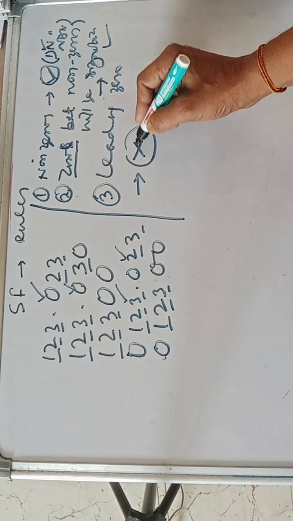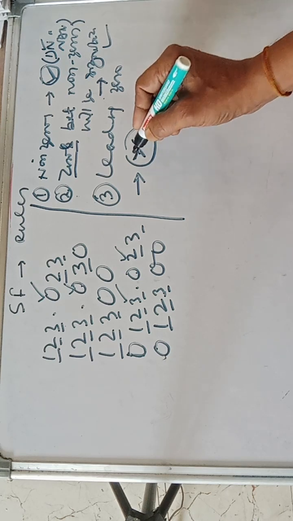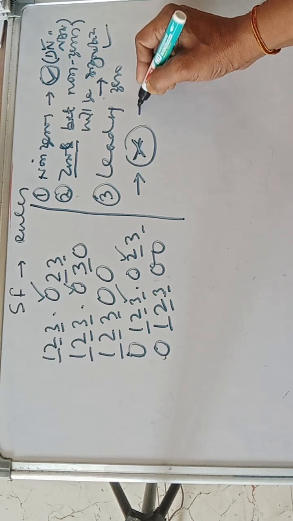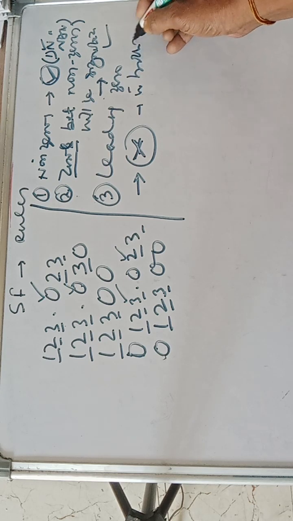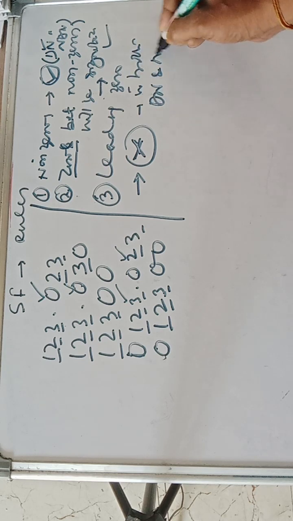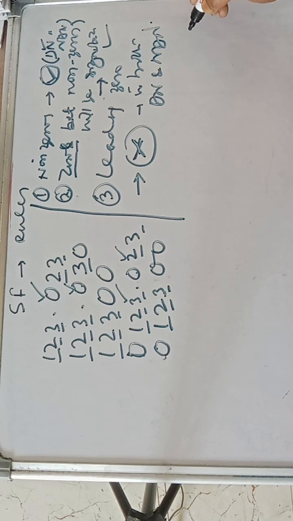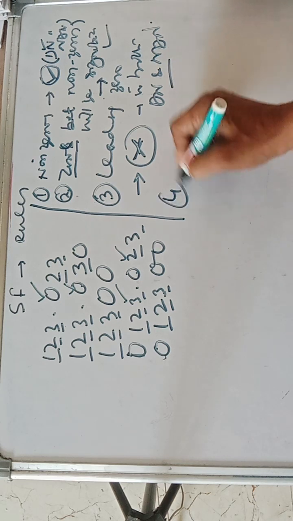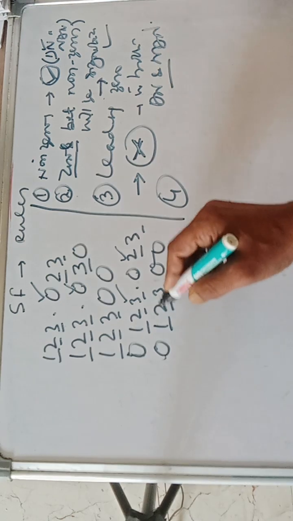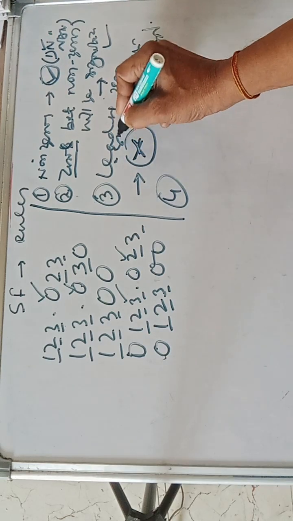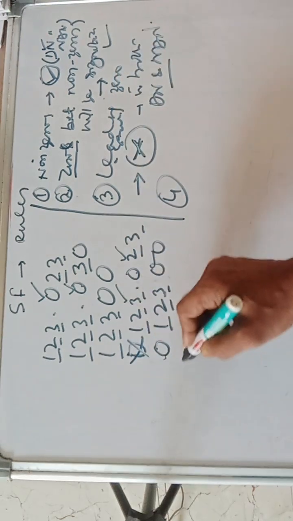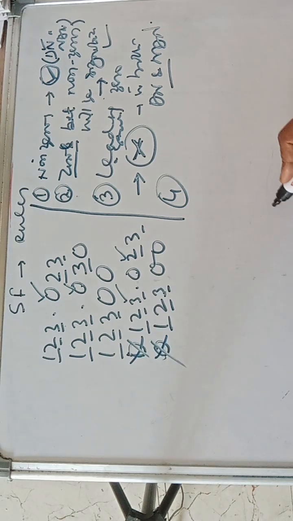All leading zeros will be non-significant in both decimal and non-decimal numbers. Leading zeros means starting zeros. Here, all these will be non-significant.